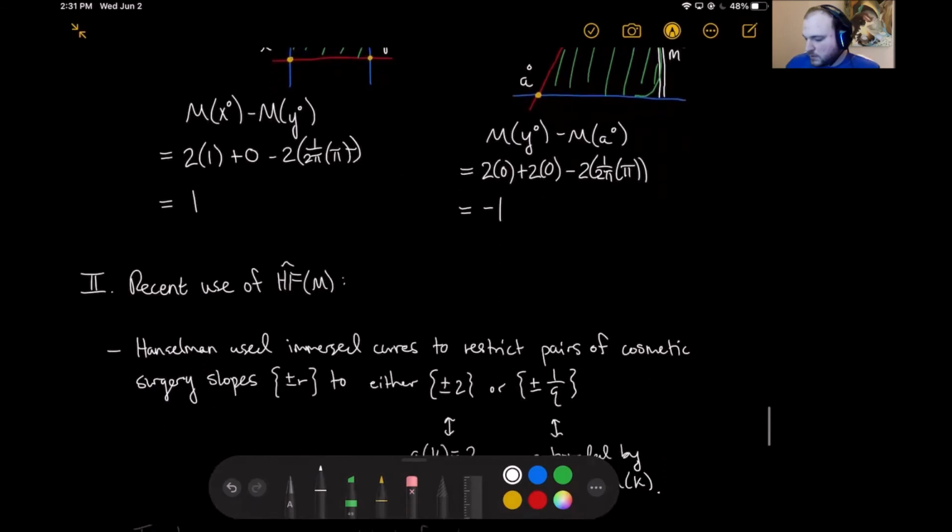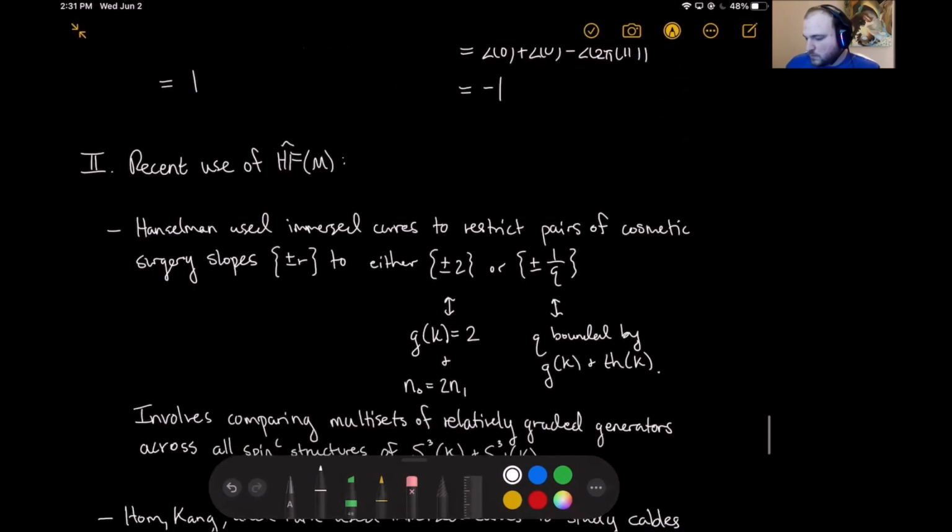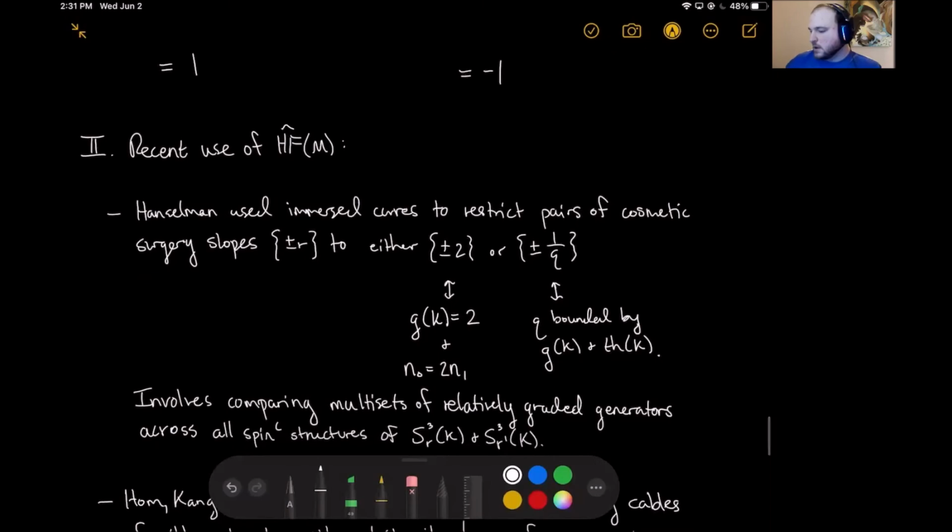All right. So with those examples out of the way, I want to advertise some recent uses of immersed curves. Hanselman used this, as I mentioned earlier, in the topic of the cosmetic surgery conjecture, to severely restrict the possible surgery slopes that could even possibly admit a cosmetic surgery.